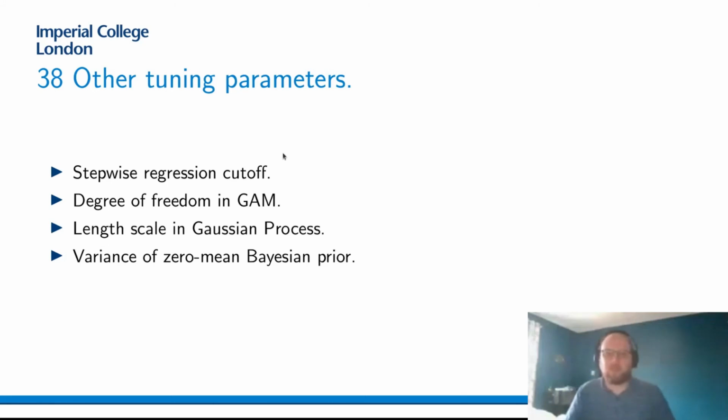That's called stepwise regression, but you have to have this cutoff. Typically we might say we need a significance level of 95% to retain a covariate, so anything insignificant at the 5% level gets dropped.